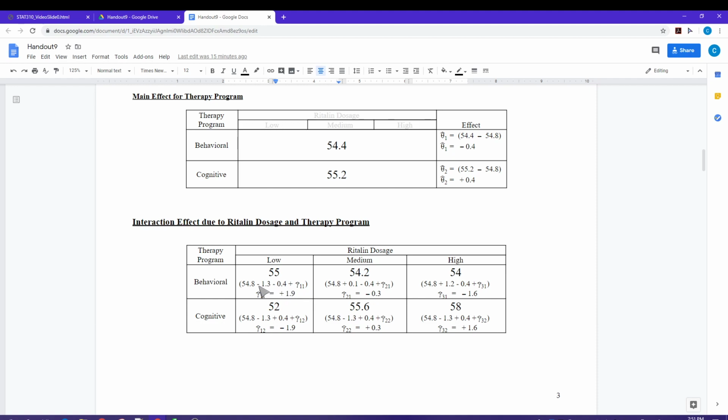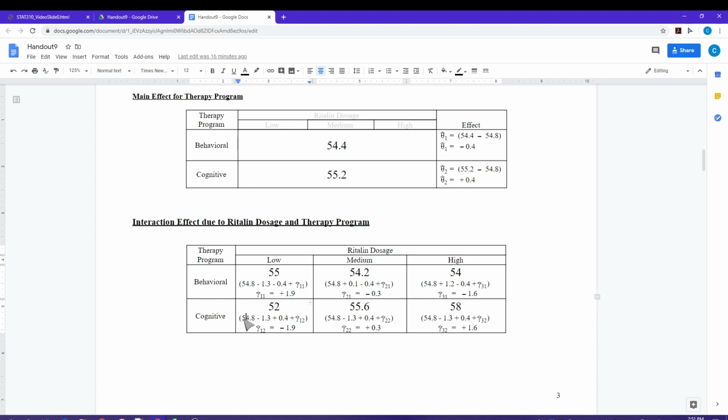So this 1.9 right here is what I need to get back to this 55, to get the average for that cell, after I've considered the other additive effects in my model. So this is the interaction effect here for low dosage level and behavioral program. It's going to be adding 1.9 there.